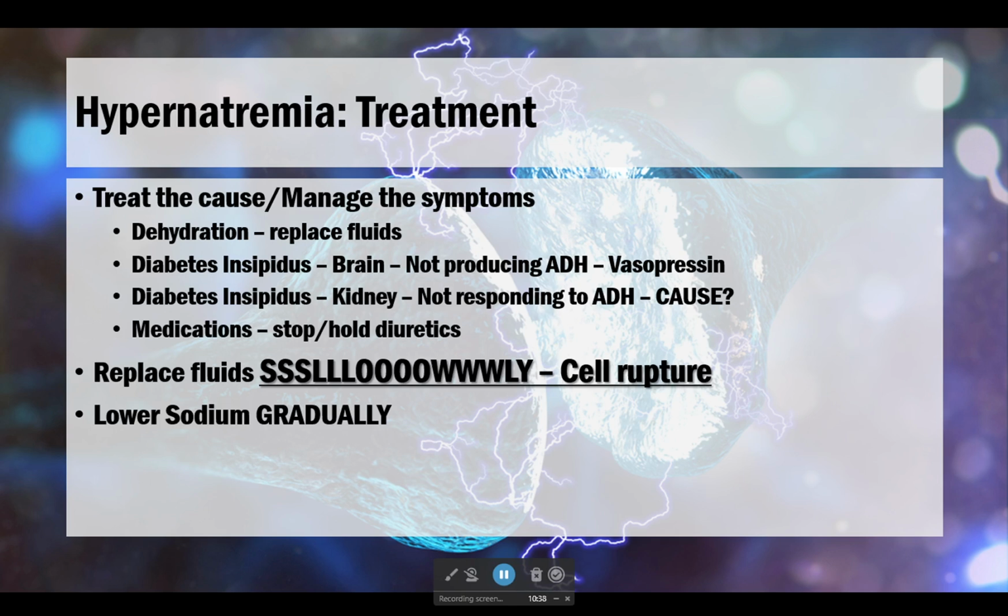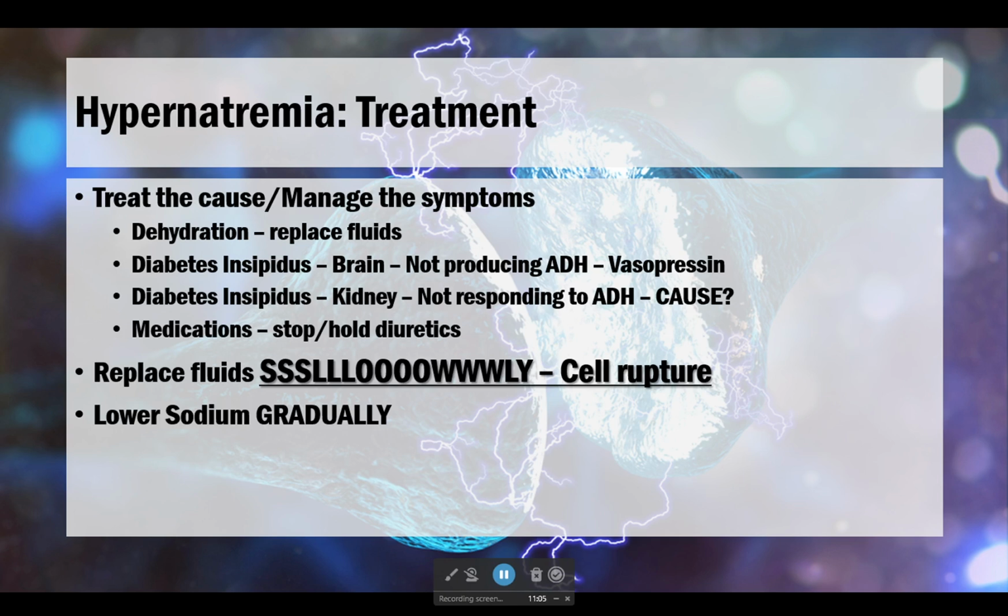In this case, we're going to replace IV fluids very, very slowly. That's why I have this here. If we replace fluids quickly and give them too much free water too quickly, remember the cell is dehydrated. I mentioned that right up here at the top.